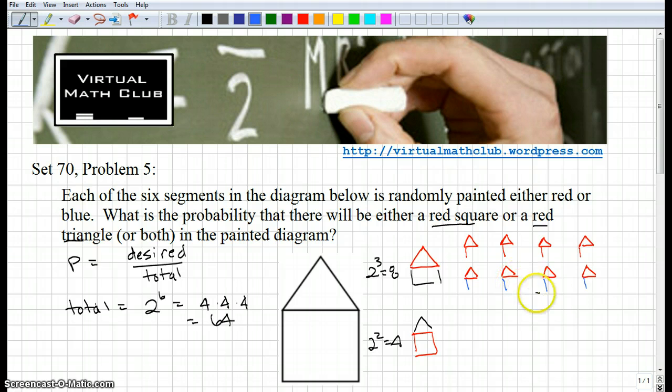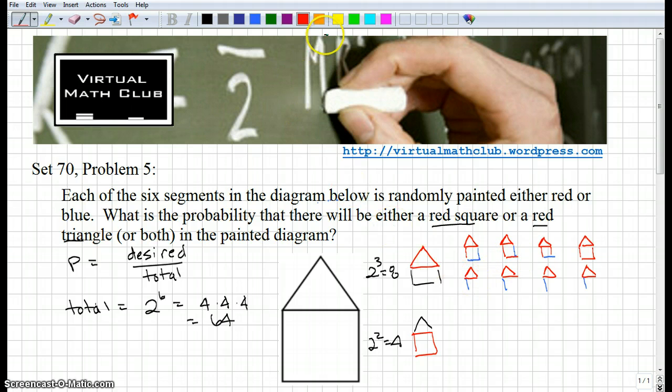And, all right, so let's go ahead and finish drawing these. So, let's see, we could have a red, blue, blue. We could have the other blue be on the side, we could have the other red be on the bottom. Or we can have all red, right? So this would be red, and this would be red.